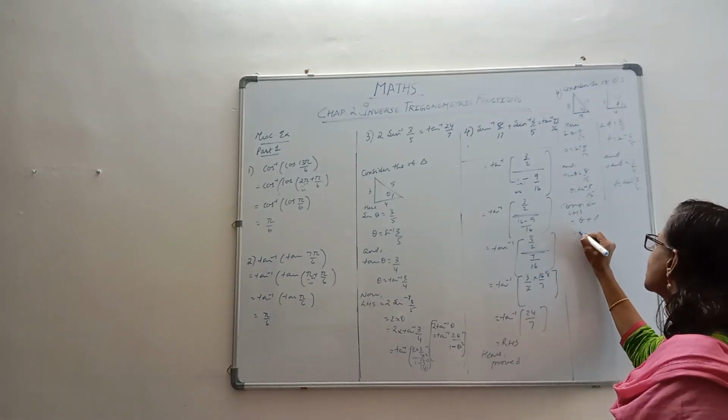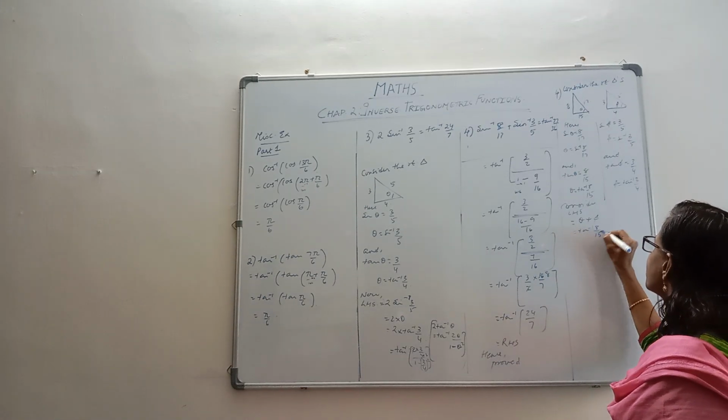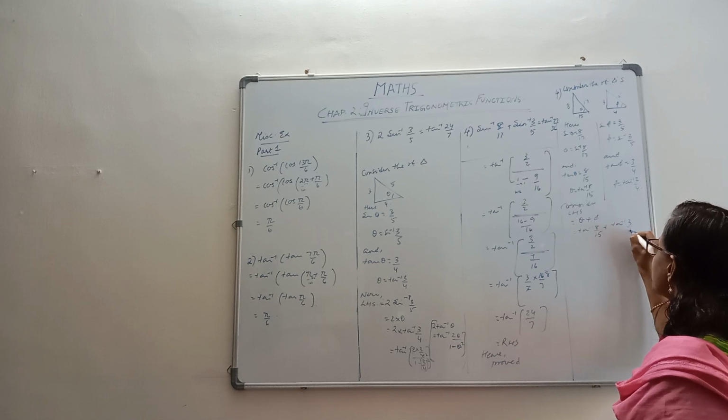Theta is tan inverse of 8 by 15 and phi is tan inverse of 3 by 4.